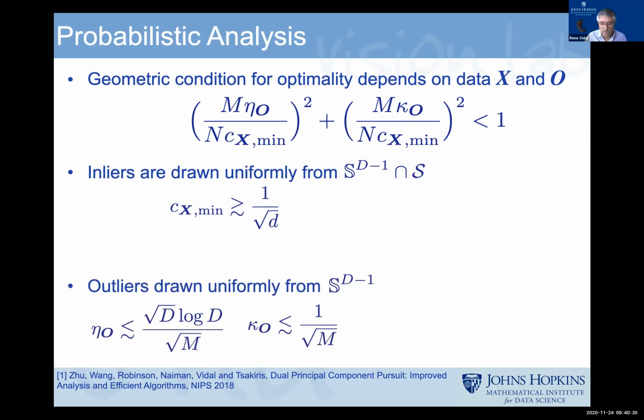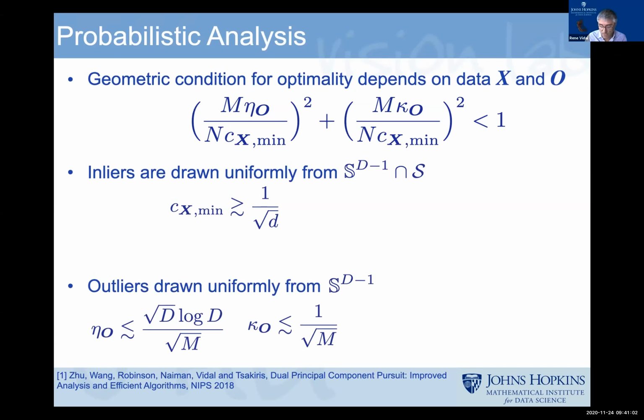The second one is about the other two quantities, the eta O and the kappa O. Roughly speaking, forget about the ambient dimension for the time being, but these quantities needed to be sufficiently small in order for us to succeed, and the CX mean needed to be sufficiently large. So these quantities concentrate below 1 over square root of m, roughly, is what this is saying. And of course, the eta O scaling is a little bit worse because it has the square root of d in the denominator.